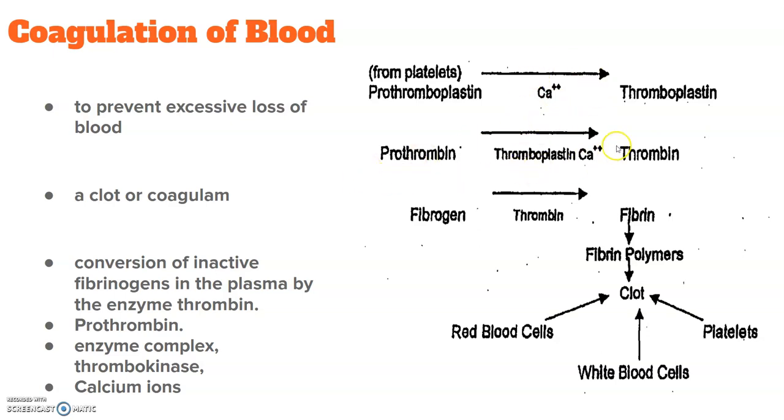Prothrombin, through calcium ions and thromboplastin, is converted into thrombin. Thrombin further helps in the conversion of fibrinogen into fibrin. Fibrins are polymers, and then a clot appears where RBCs, white blood cells and platelets get entangled in those fiber-like structures.